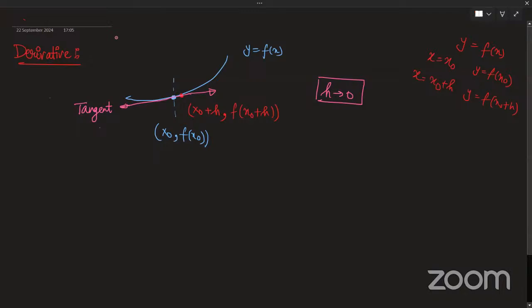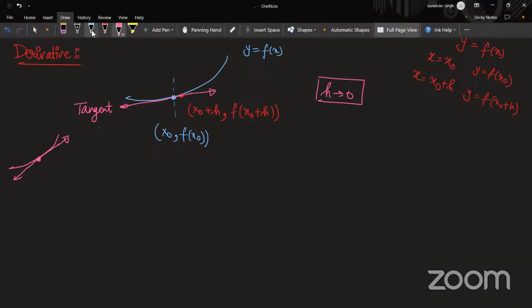A tangent to any curve means it touches at that particular point only, and it denotes the direction of the curve. But since x naught and x naught plus h are really close to each other, we assume that the line passing through both of these points is a tangent. So this is the basic concept.